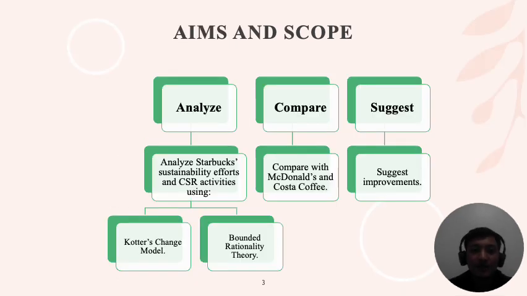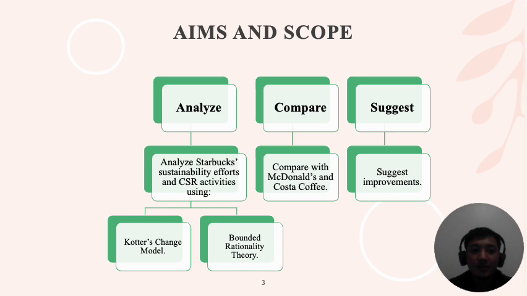After the introduction, now let's go to the aims and scope of our report. Our aim is to examine the Starbucks sustainability and CSR initiatives. We have used two theories for that. First of all, we would like to understand how Starbucks is using Kotter's model of change management and how it emphasizes urgency, vision building, and cultural integration to execute it.